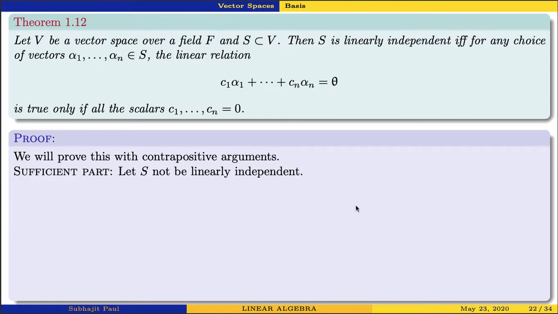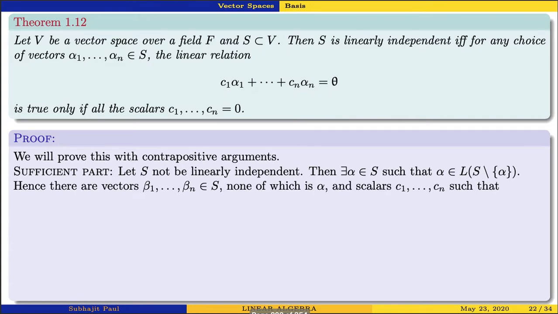By contrapositive argument, this translates to: not linearly independent implies not the condition, right? So we assume that S is not linearly independent. So then there exists a vector alpha such that alpha belongs to the linear span of S minus alpha, our definition of linearly independent set.